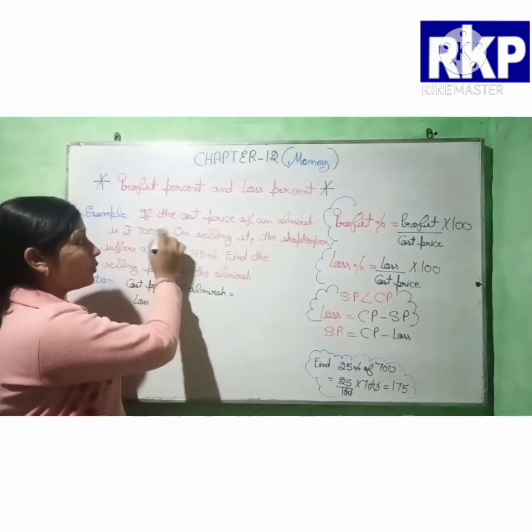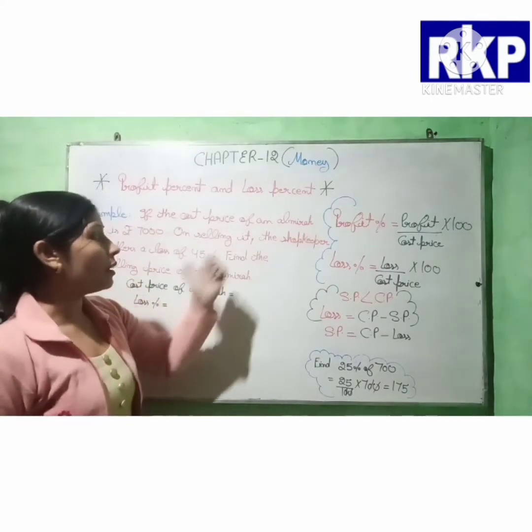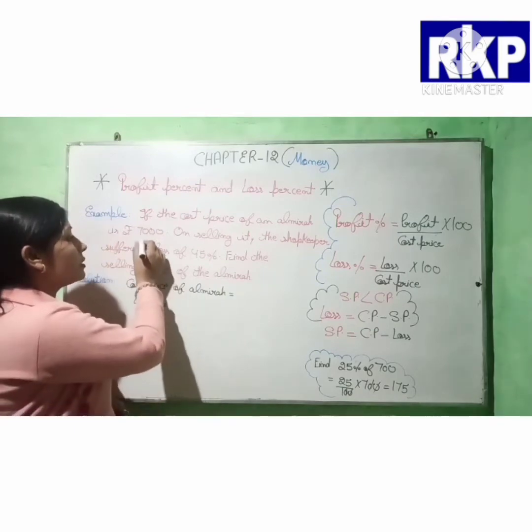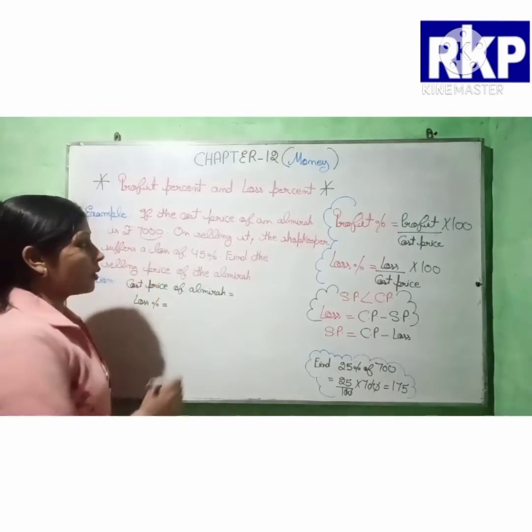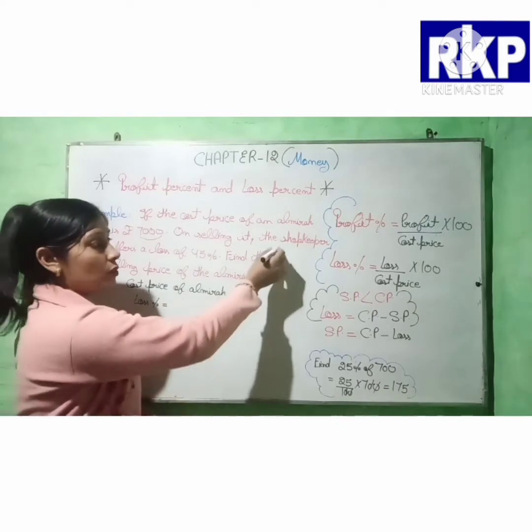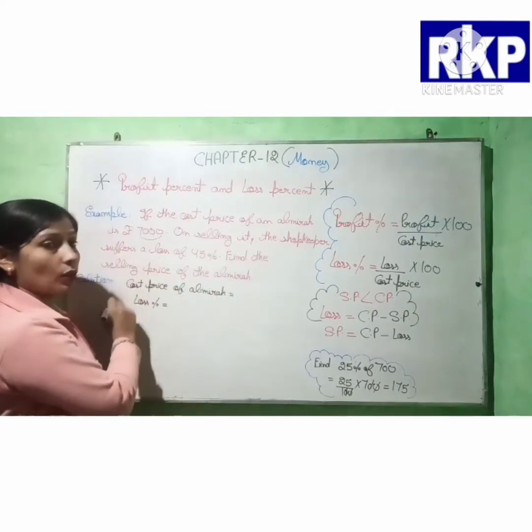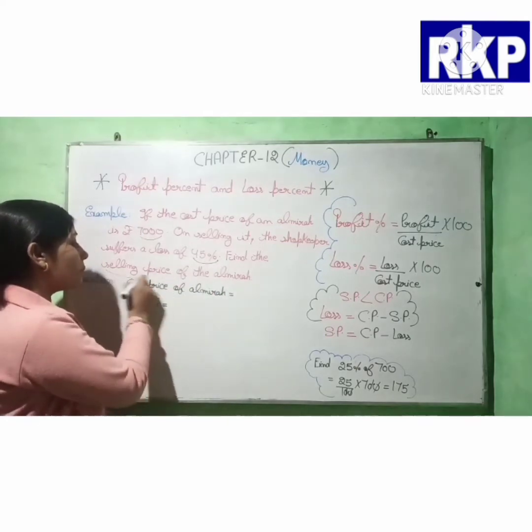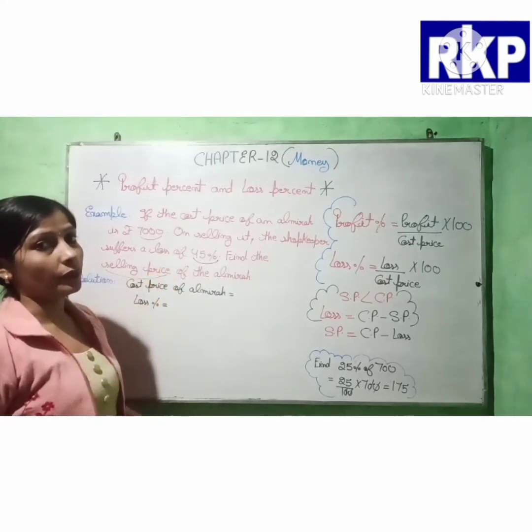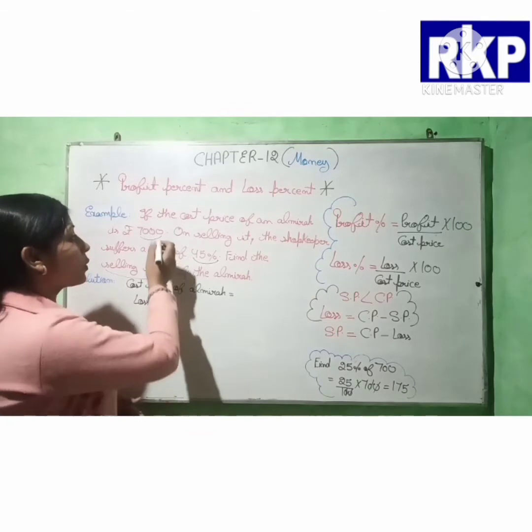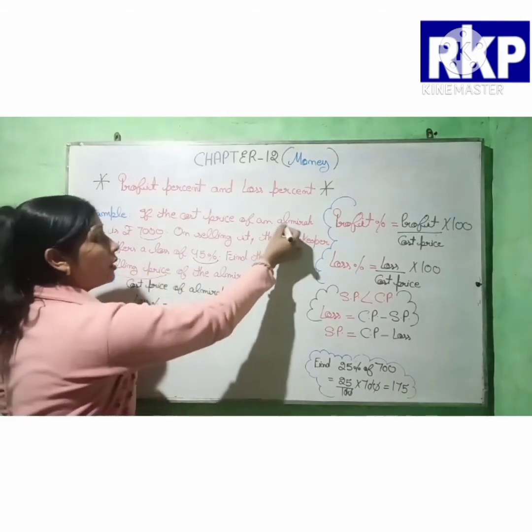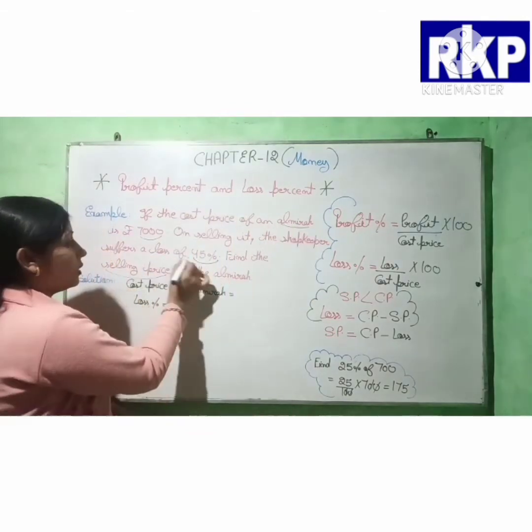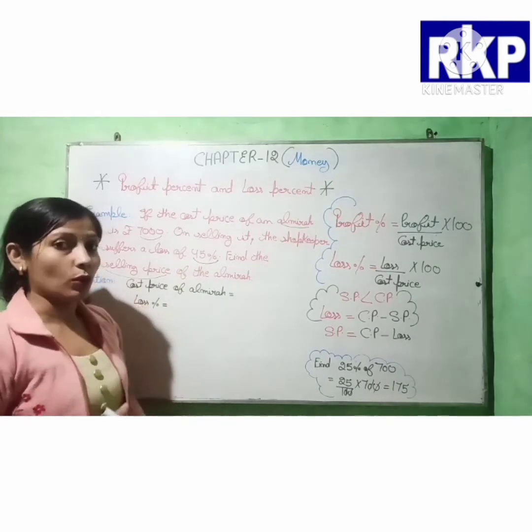Here we have, if the cost price of an almirah is 7,000 rupees, on selling it, the shopkeeper suffers a loss of 45%. Find the selling price of the almirah. In this question, we have cost price of almirah and 45% is loss.